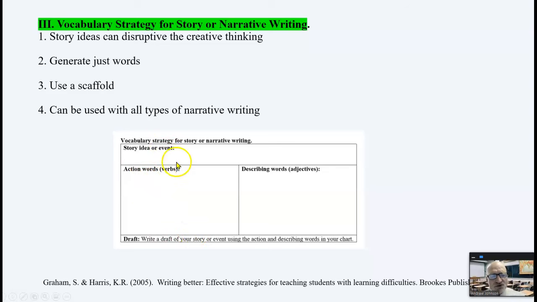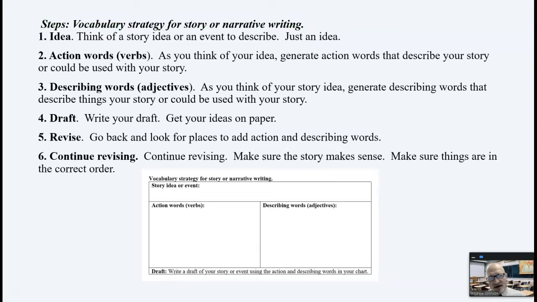First, action words related to your story, and then describing words, things that happen. And again, we're using just words to disrupt the creative thinking that might not be happening. And it can be used with all types of writing. Vocabulary strategy.